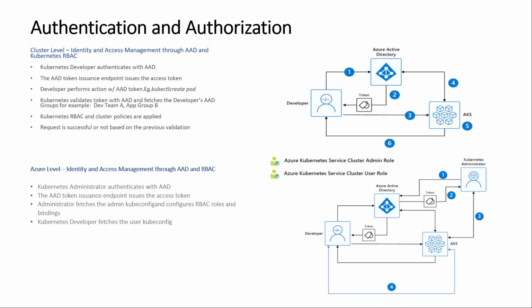As I was mentioning, you have the ability to use Azure RBAC as well as Kubernetes RBAC here, and together you can accomplish a whole lot from an authentication and authorization perspective. Having said that, you could also integrate Azure Kubernetes Service with Azure Active Directory.